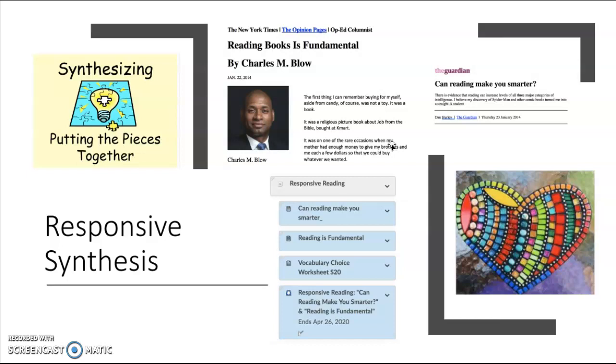All right, so you're going to be drawing some conclusions based on these 2 essays this week. And you're just writing one reflection, and you're going to pull the ideas together to make a new whole. So you're synthesizing. All right?